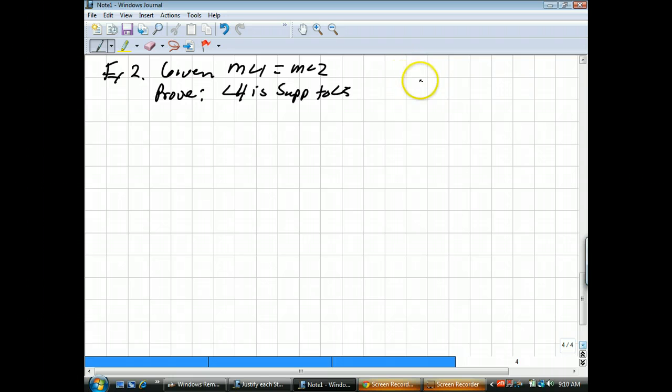Okay? And what I have in my picture is 3 lines that intersect. And this is angle 1, angle 2, angle 4, angle 3, and angle 5.